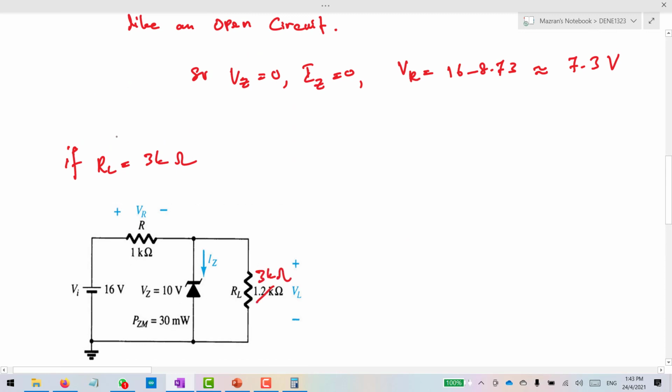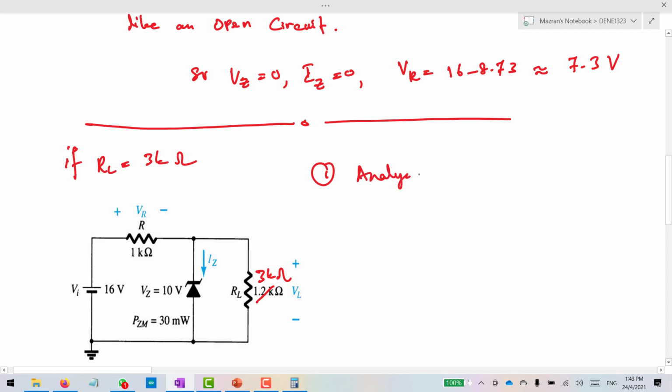So let's do analysis. Step 1, analyze VL when Z is off.